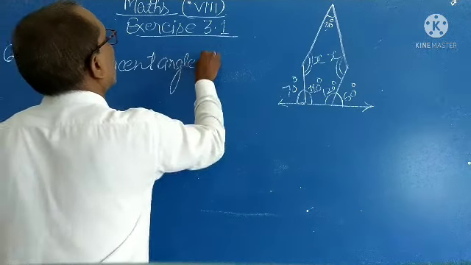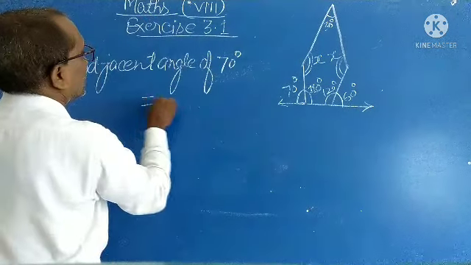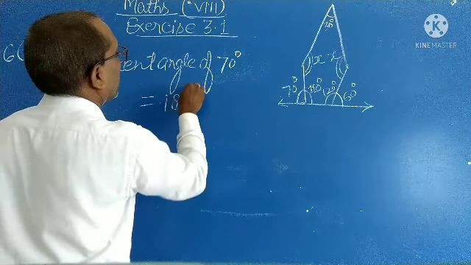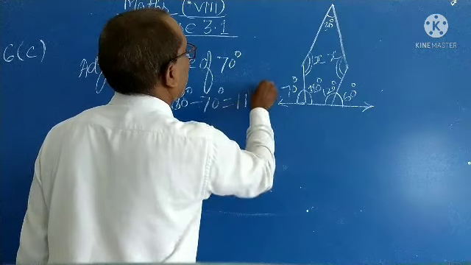I write down here: adjacent angle of 70 degree is equal to 180 degree minus 70 degree, that is 110 degree.